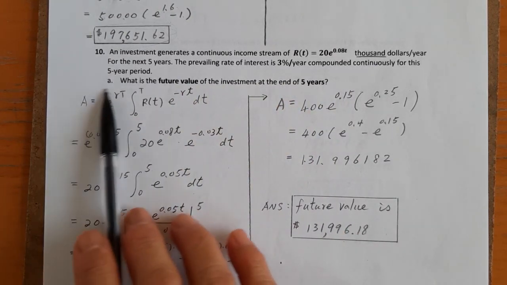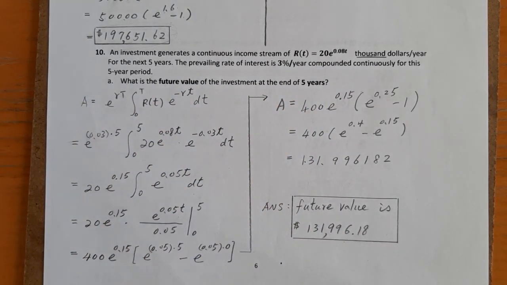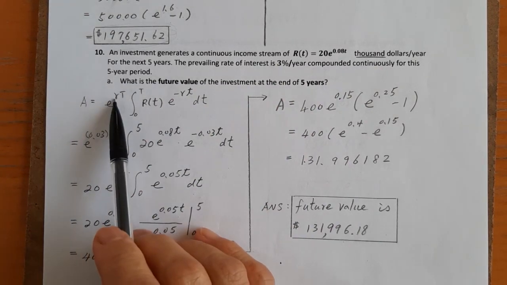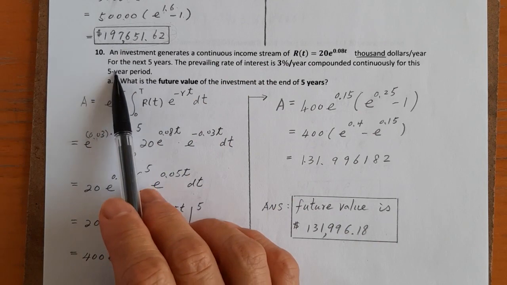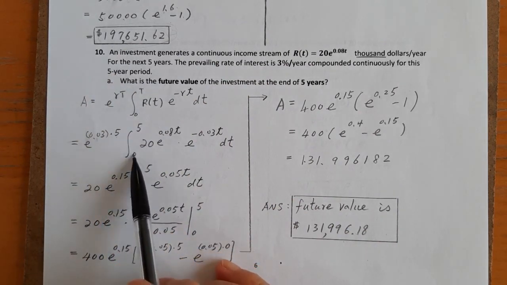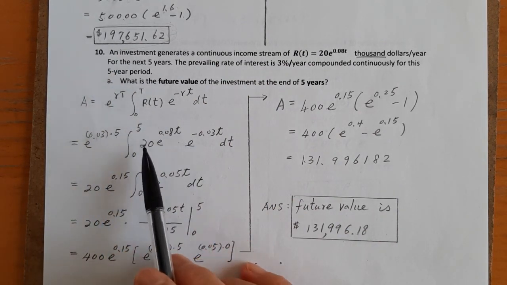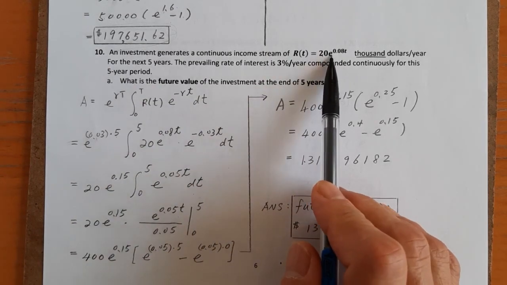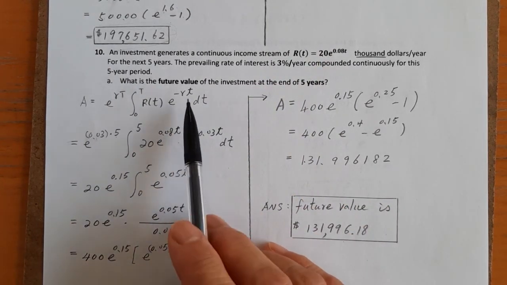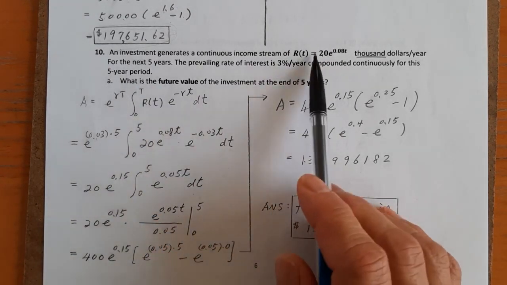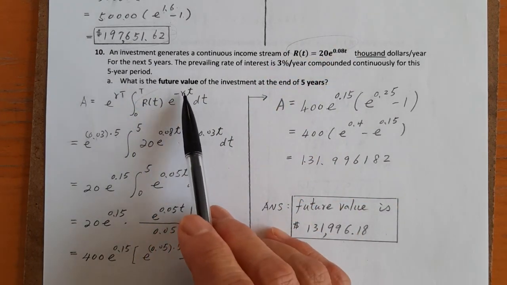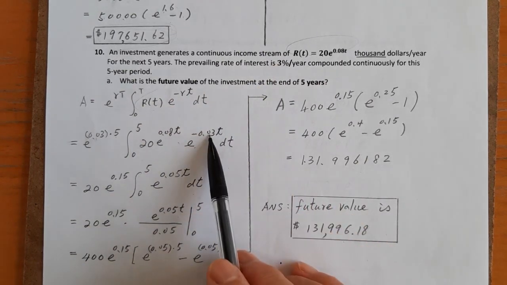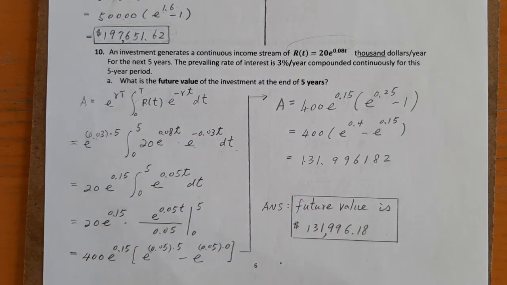So use this formula. E to the power r is 0.03, 3%, times T. T is 5 years. Integral from 0 to T, T is 5 years. And 20 e to the power 0.08t, that's r(t), times e to the power negative r, 0.03, times t dt.